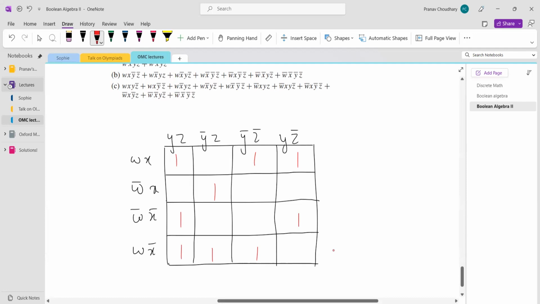Try it for two-ish more minutes, then we'll see. But I'm not marking it. I think I sort of see it. So yeah.